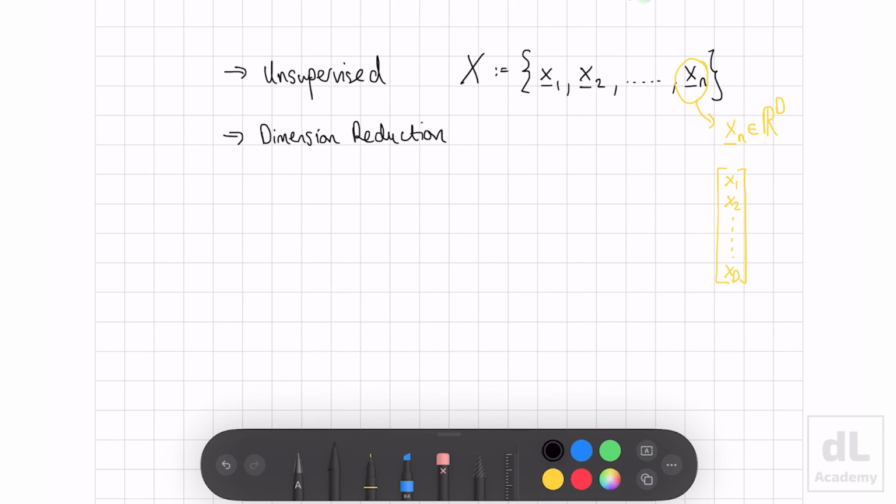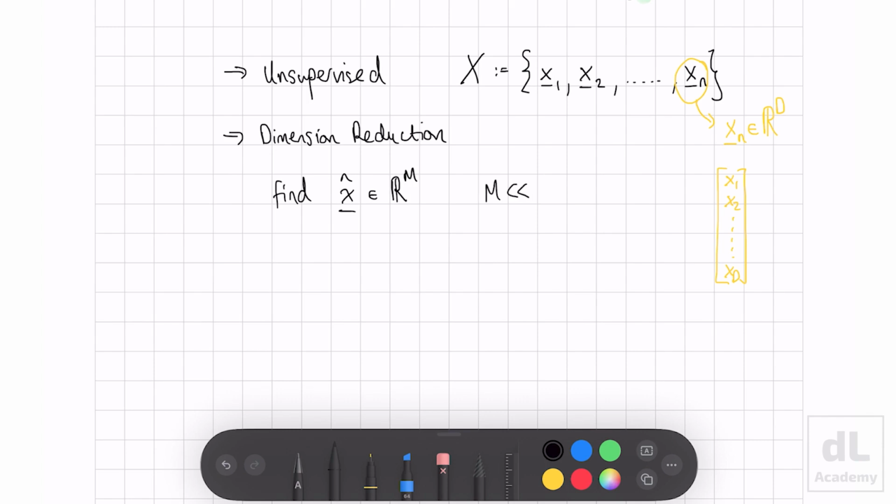In dimension reduction, our aim is to try and reduce the size of this representation. So we want to find some x hat, an approximation which lives in R^m, and m is much smaller than d.